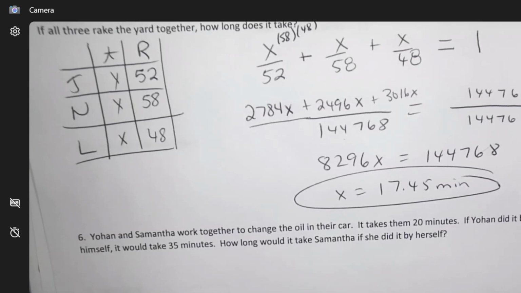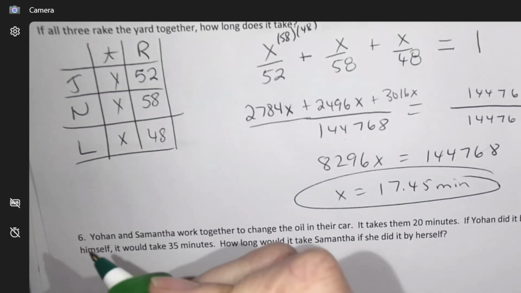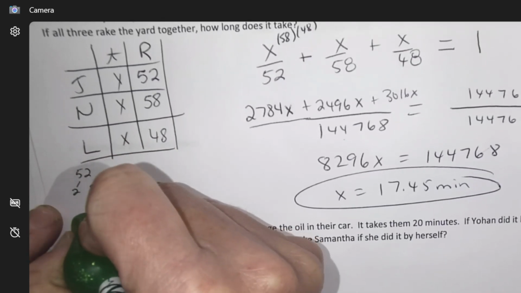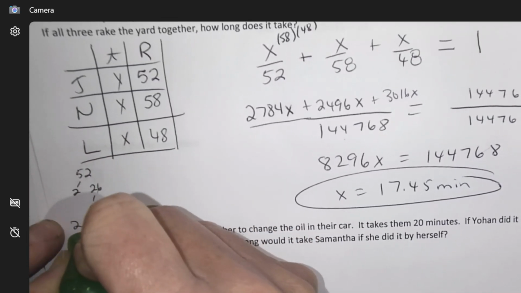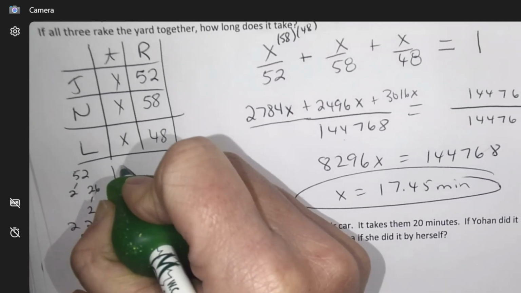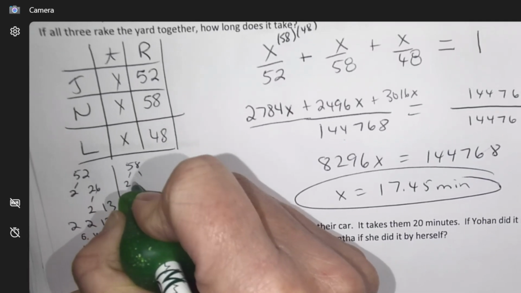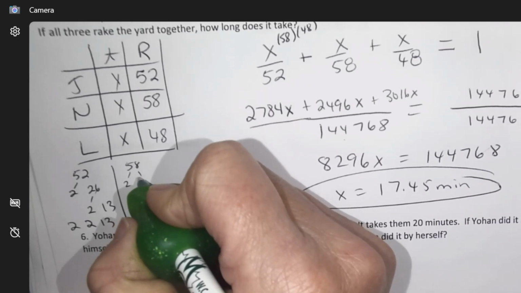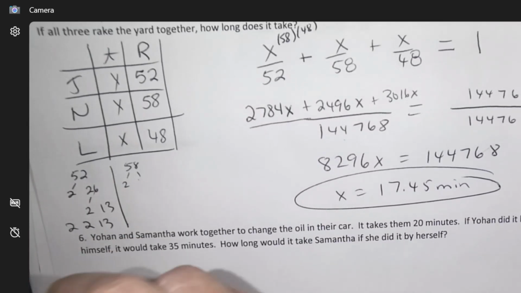Do you remember when I said the prime factor tree to get your lowest common denominator? Oh, I remember doing something like that.